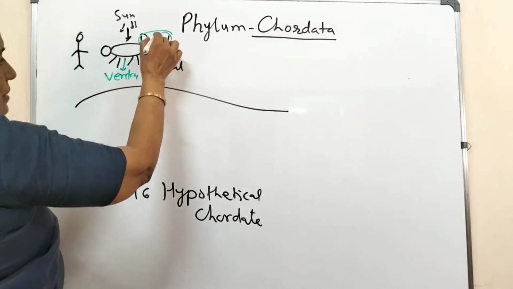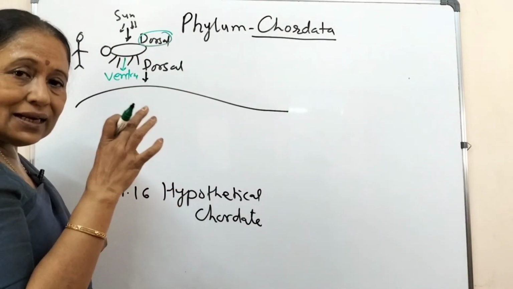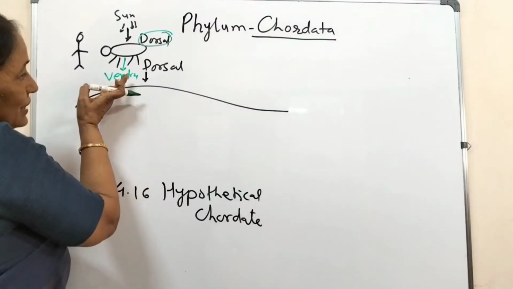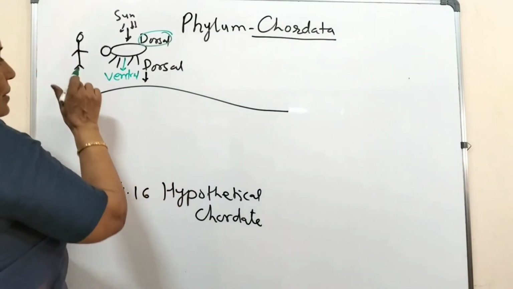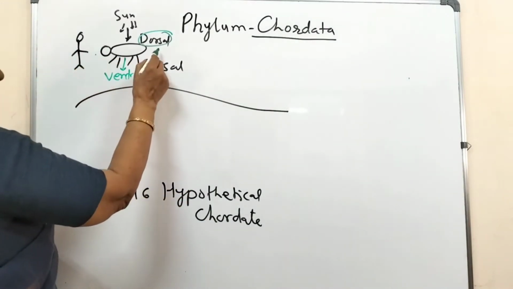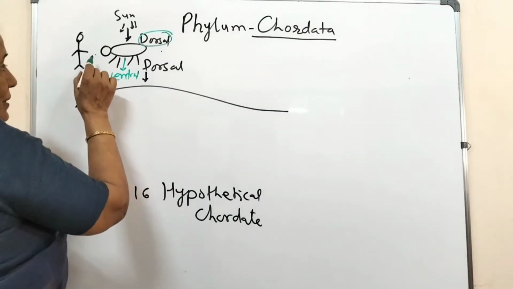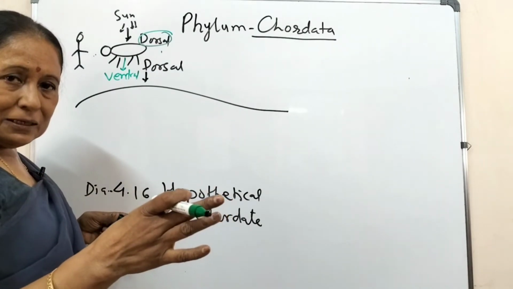This is dorsal, the upper one where the sun rays fall. So the skin becomes darker there. Ventral side skin is lighter and softer also. This is the anterior end, this is the posterior end. The end towards the head is anterior, this is posterior, and the 2 sides are the lateral.